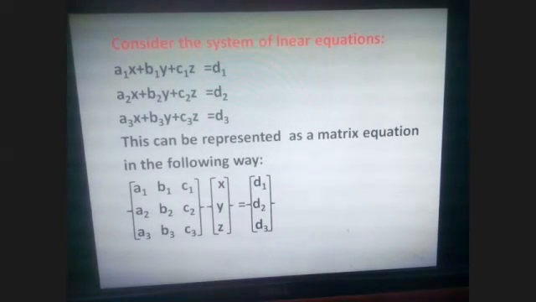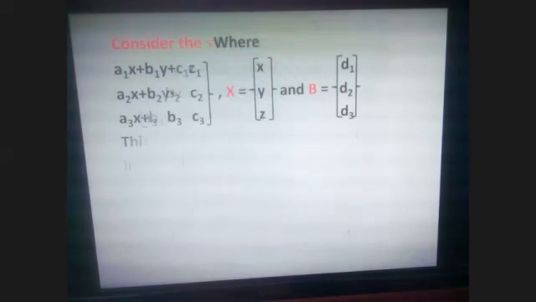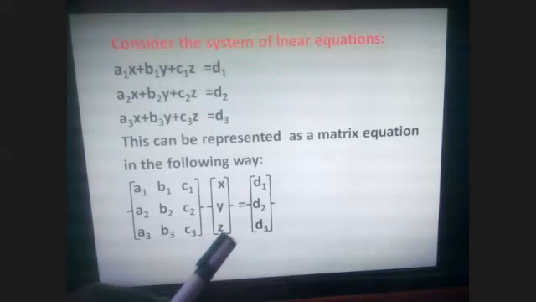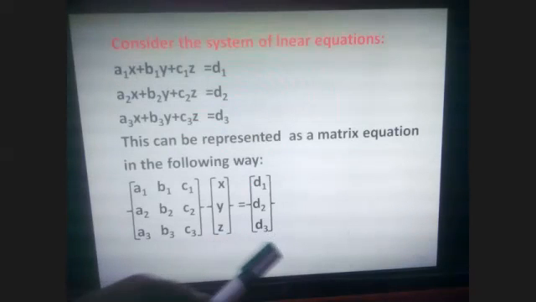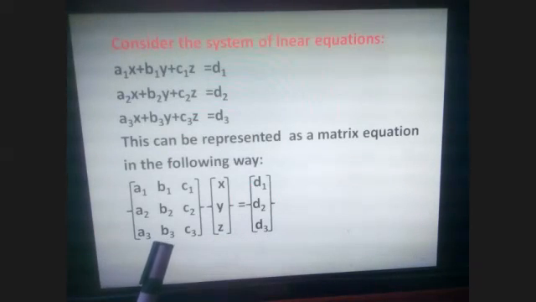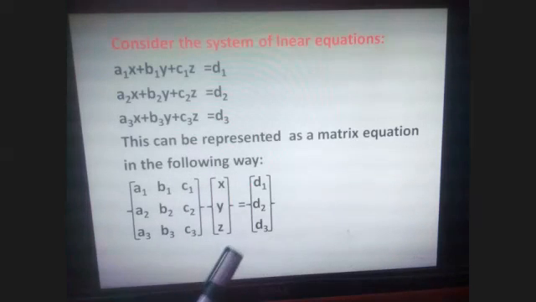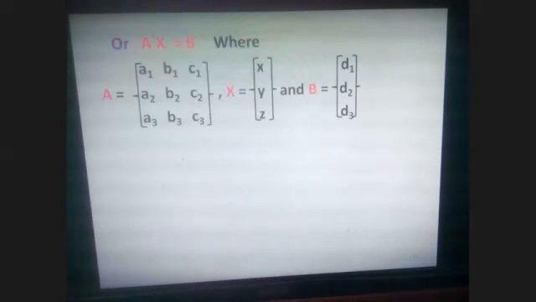So the given system of equations, we are representing in a matrix form, a matrix equation. Or I can say simply AX equal to B. Look at AX equal to B, where A is the matrix of coefficients, X is the column matrix of variables, and B is the column matrix of constants.